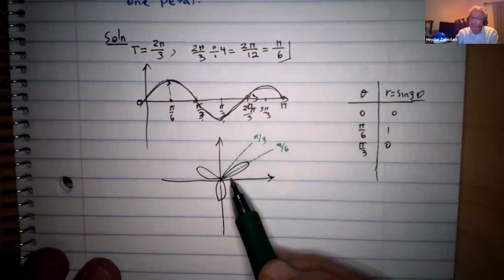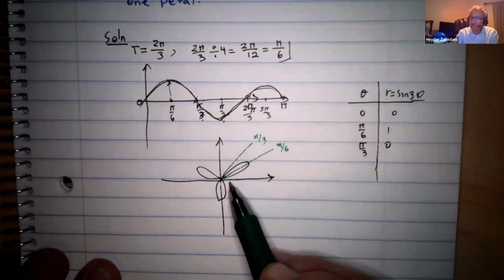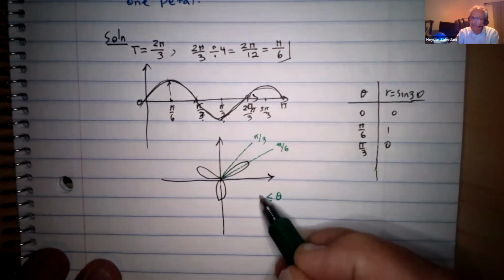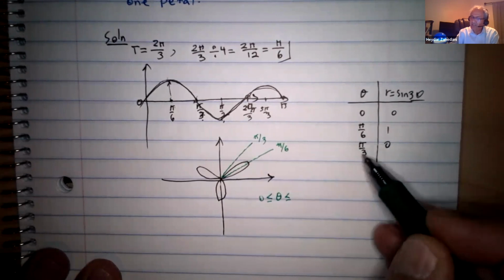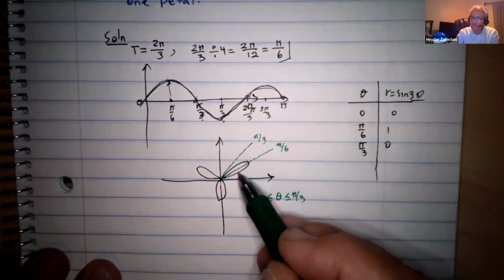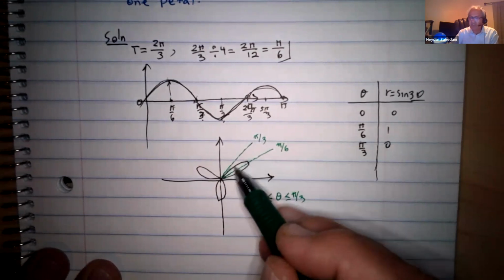If you want to get to the one petal that is going to be here, what you have to do is integrate from 0 to pi/3. You go from 0 and just come back. It's nice to know this, because the limit of integration is the one that you have to find.